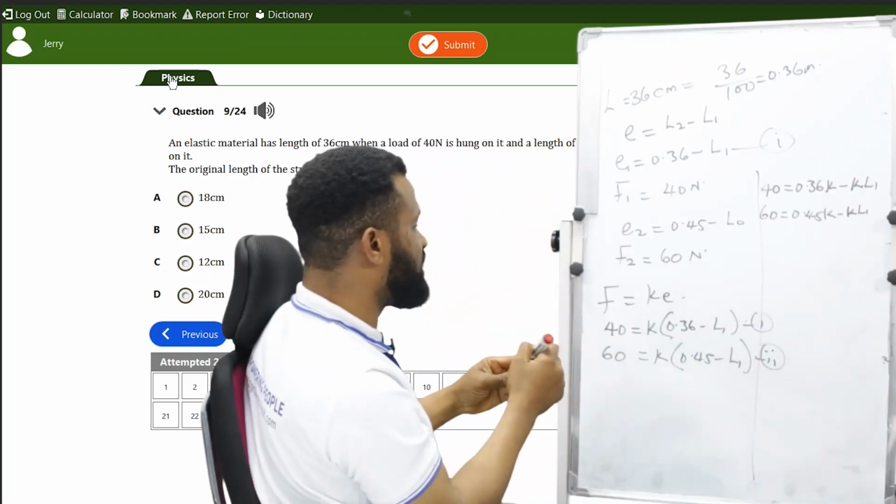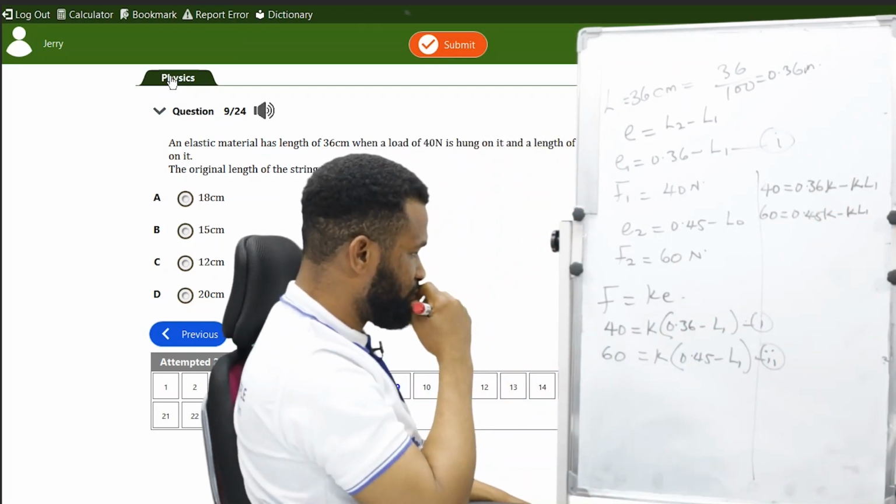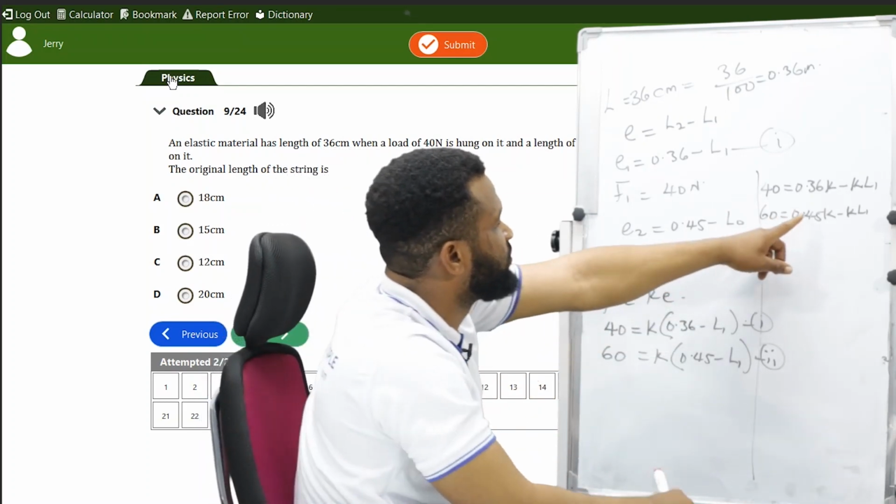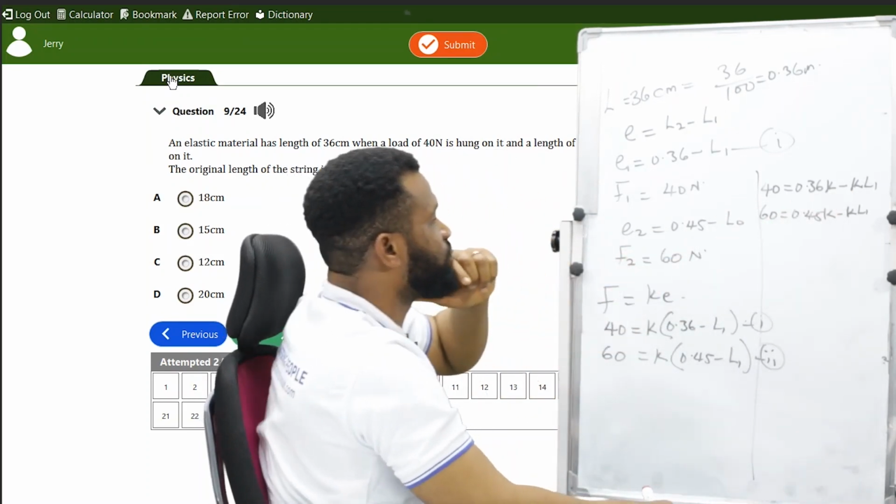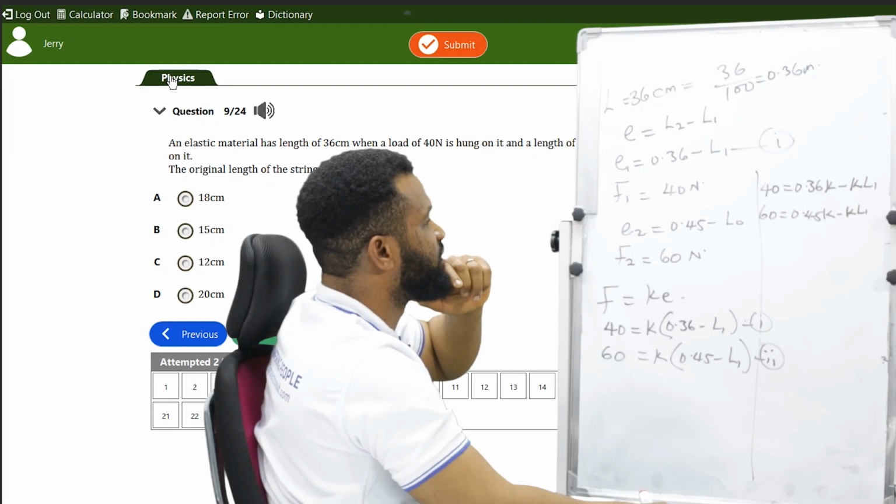So we have something that is very similar here. We are having that K is here and K is here, so which was supposed to be factorized.